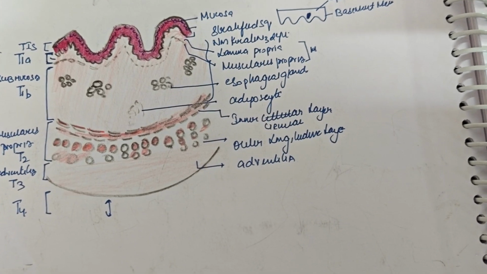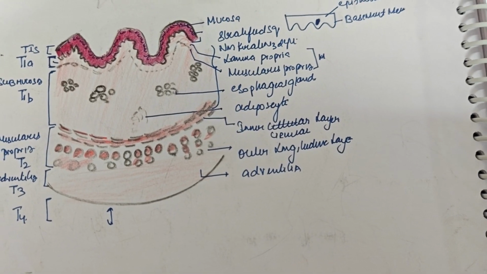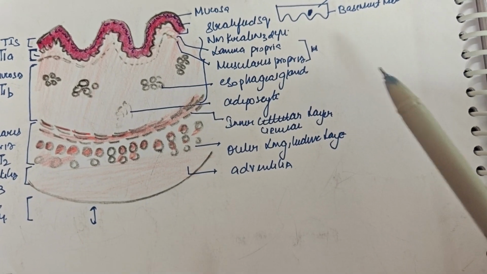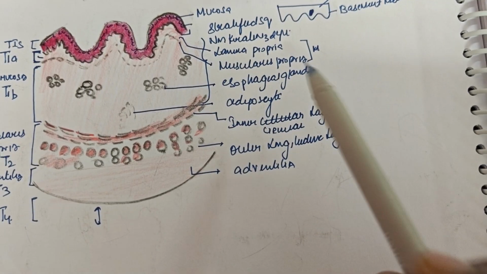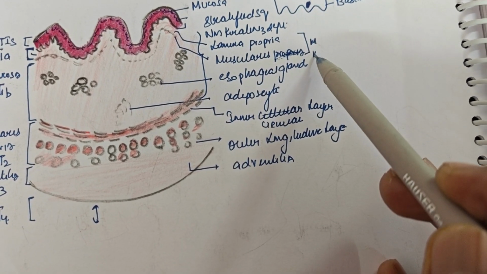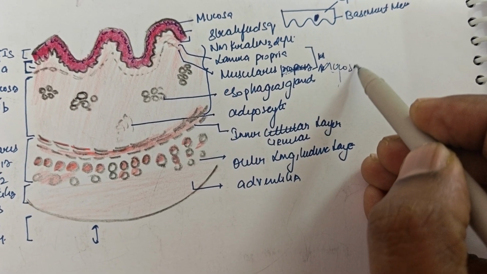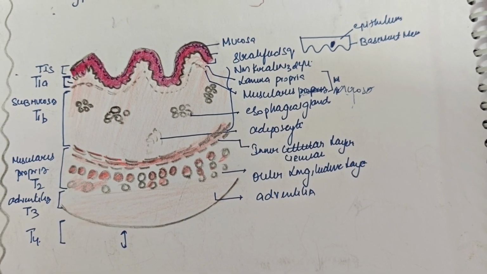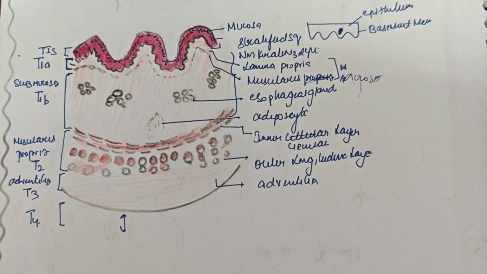In T1a staging, the cancer invades the lamina propria and muscularis mucosa. It's not propria, it is muscularis mucosa. That's all you need to understand. Next, T1b: it invades the submucosa.